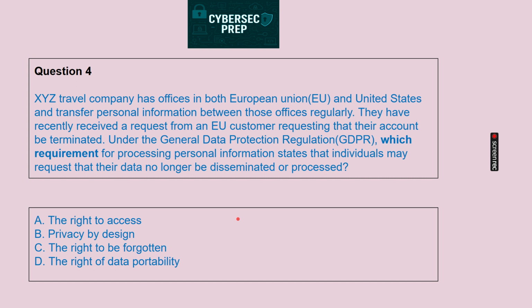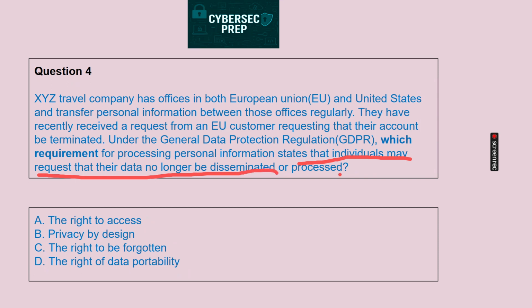Question number 4. XYZ travel company has offices in both European Union and United States and transfers personal information between those offices regularly. They have recently received a request from an EU customer requesting that their account be terminated under the GDPR. Which requirement for processing personal information states that individuals may request that their data no longer be disseminated or processed?